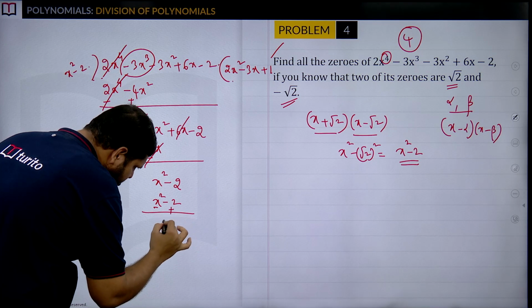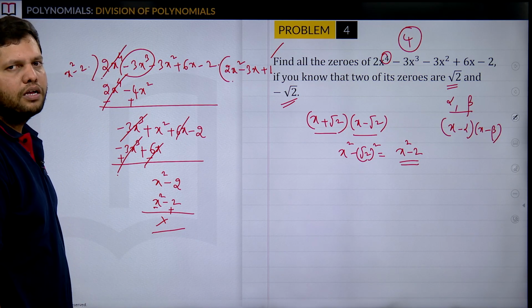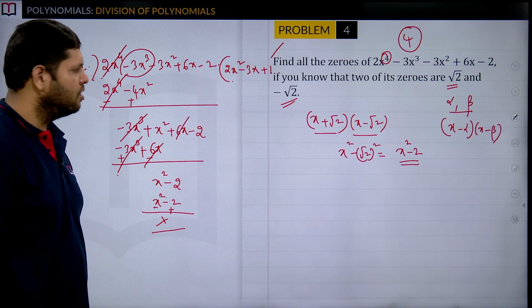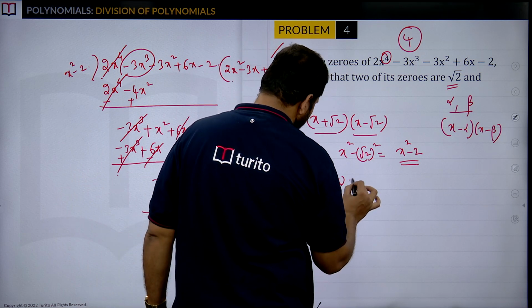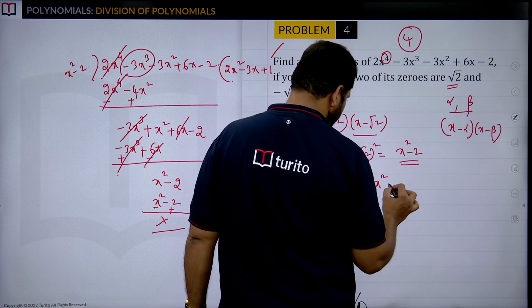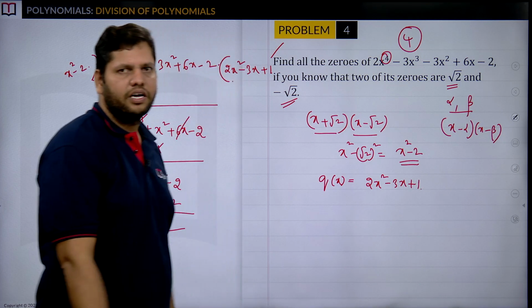So the remainder is equal to 0. Okay, children, forget about the remainder. Just take only the quotient value. So what is your quotient value? Q of x is equal to 2x square minus 3x plus 1. So this is the quotient value.